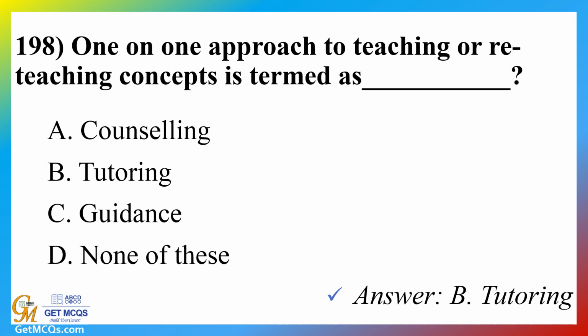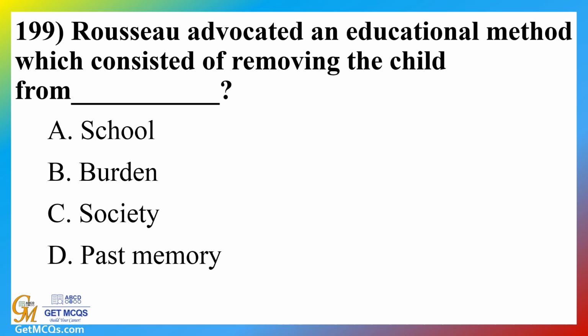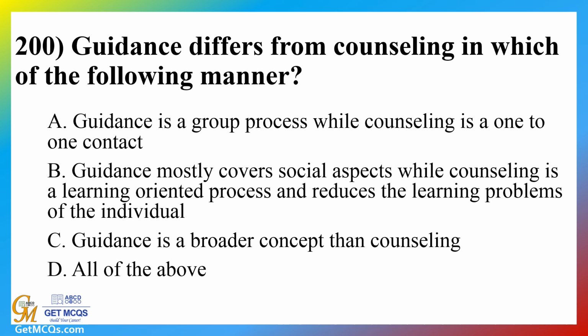Answer: B. Tutoring. 199. Rousseau advocated an educational method which consisted of removing the child from. Answer: see society. 200. Guidance differs from counseling in which of the following manner? Answer: D. All of the above.